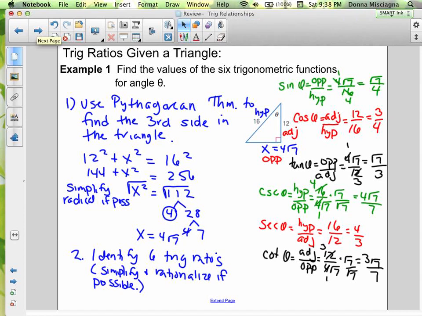And it's that easy. Pythagorean theorem, right? And then really this is not much different than when you were in geometry and you identified the trig ratios for a triangle. You just have 3 more ratios. And they're just the reciprocals of the primary ones. Okay?